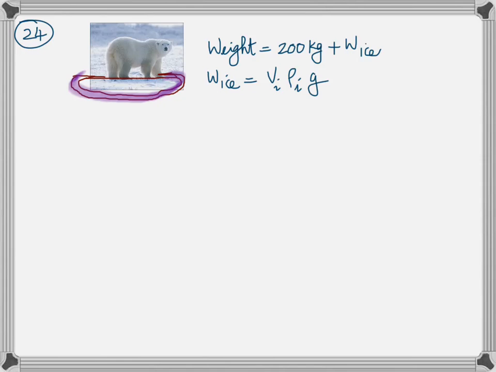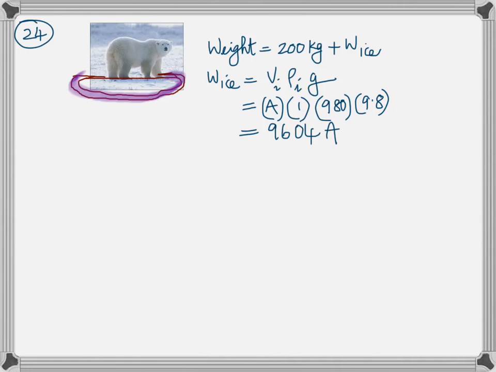The weight of ice is given as volume of ice times density of ice times G, which is area times height, because area times height gives you volume. Area times 1 is the height. Volume times density is 980 times 9.8, and you get 9604 A.